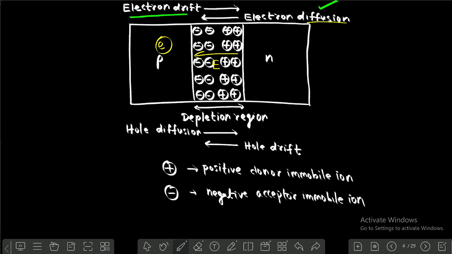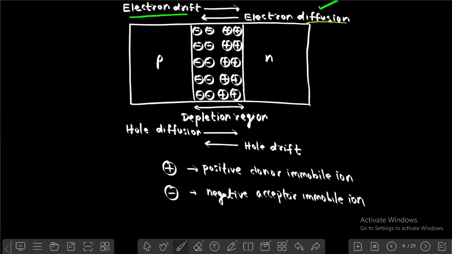So electrons will drift from p to n, in the opposite direction of the electric field. That is due to the junction field.